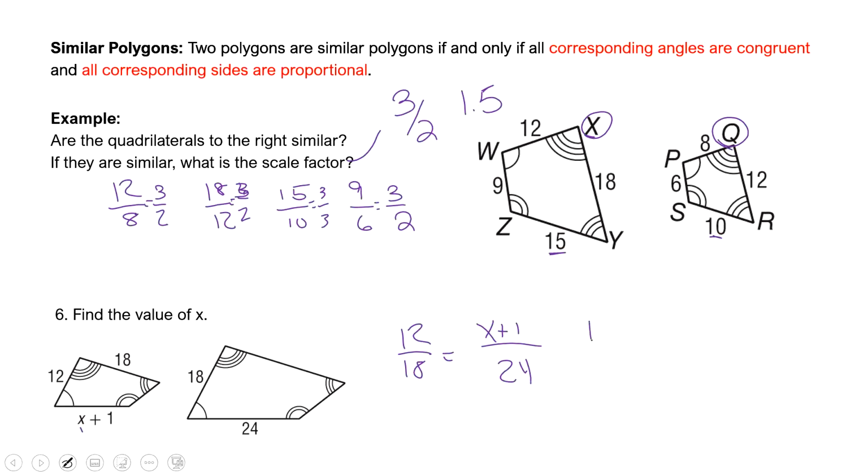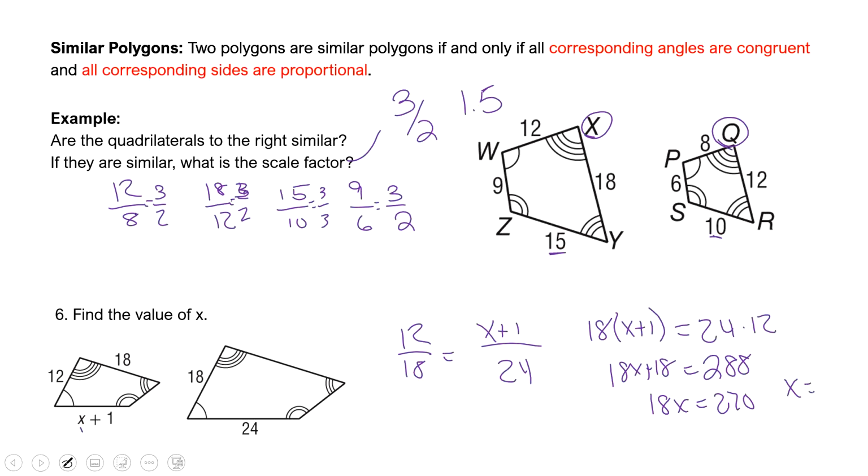I would end up with 18 times x plus 1 equals 24 times 12, which worked out to be 18x plus 18 equals 288. I move 18 from both sides. I get 18x equals 270, which when we divide that out, x equals 15.